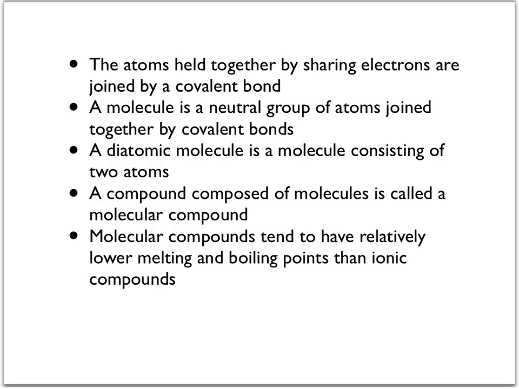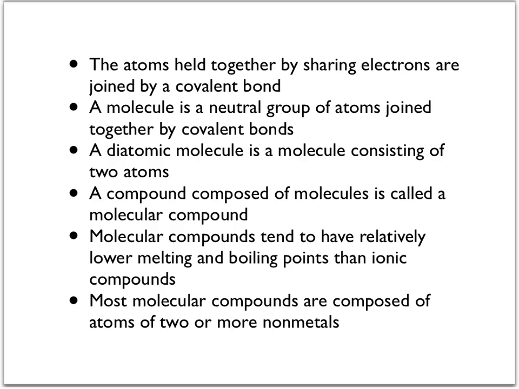Those are molecular compounds. Most of these are composed of two or more nonmetals. So maybe hydrogen and oxygen like water, or hydrogen and chlorine like hydrochloric acid. But they're usually nonmetals. You don't usually have a metal involved when we have a molecular compound.